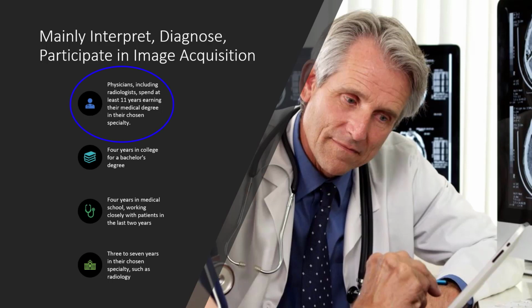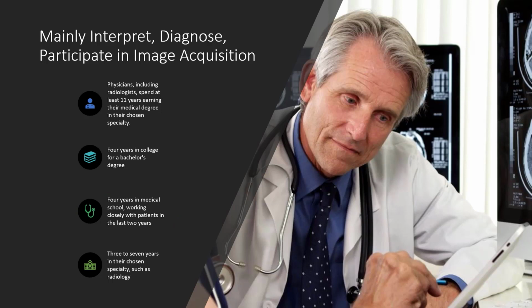Physicians, including radiologists, spend at least 11 years earning their medical degree in their chosen specialty. The physician begins by 4 years in college earning a degree. Then they apply for medical school, and if accepted, they spend 4 years in medical school working closely with patients in the last 2 years.